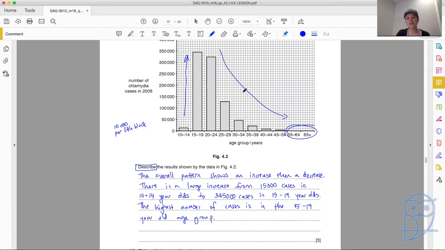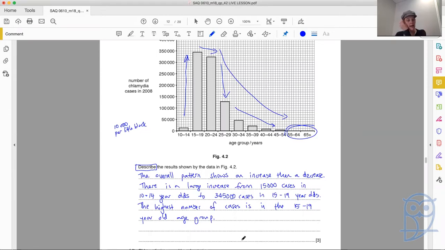Then we have a gradual decline to 20 to 24. But you see how it goes gradual, then it goes steep, then it goes gradual again. So if we wanted to get into more detail here, we can work through that as well.